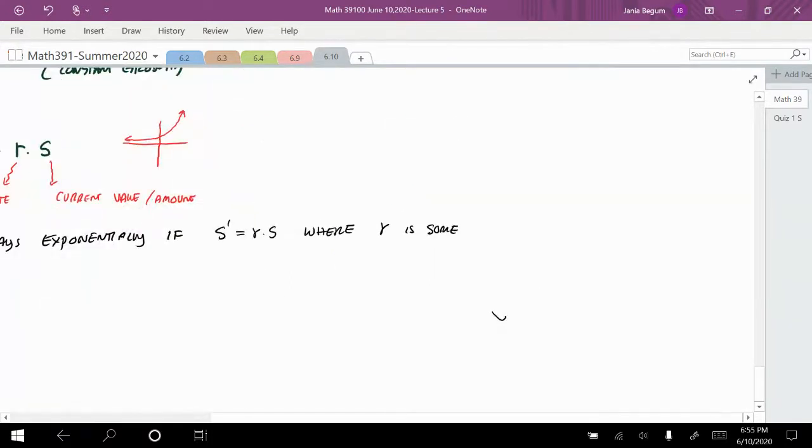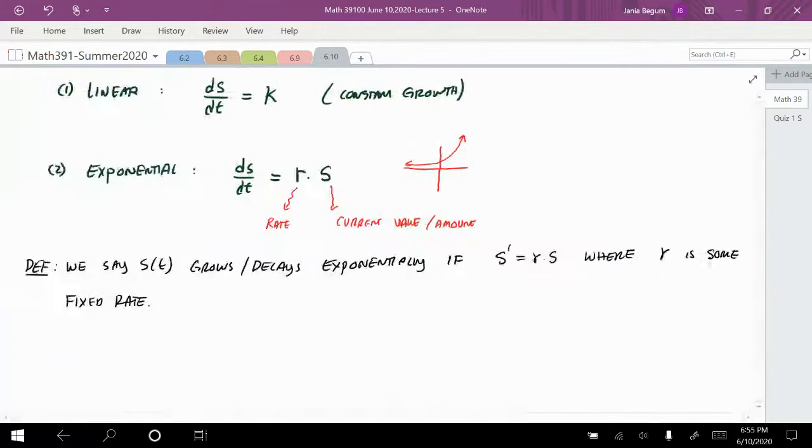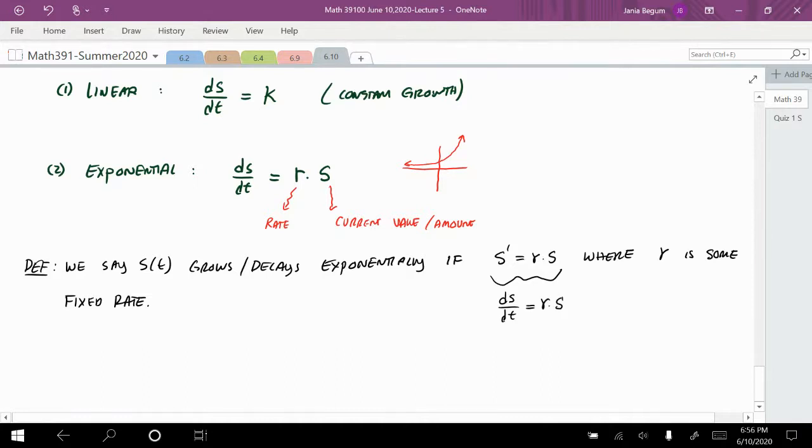This can also be written ds/dt is equal to r times s. So that's what it means to be an exponential growth or decay.